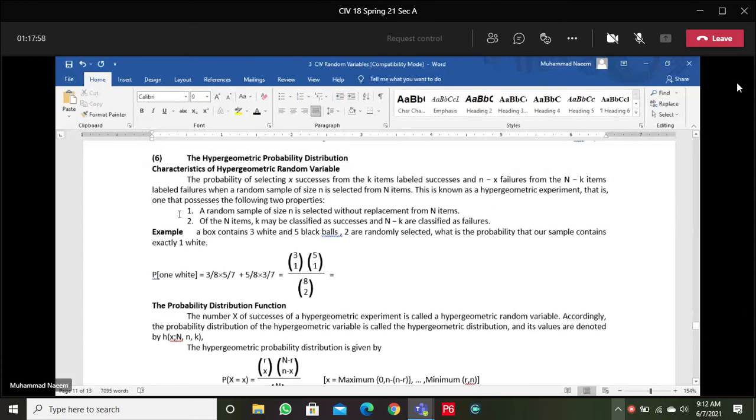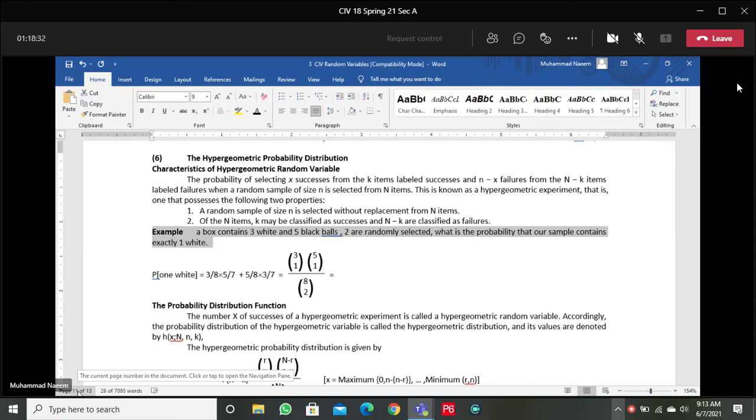If we look at this example, we have solved this problem with both techniques, with the multiplication rule and also with the combination rule. Once again, look at this problem. A box contains 3 white and 5 black balls. 2 are randomly selected. This is the activity. What is the probability that our sample contains exactly 1 white?